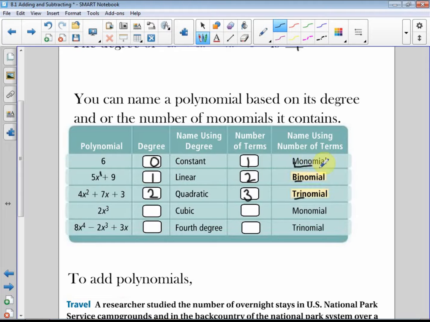I'm just emphasizing the mono, meaning 1, the binomial, meaning 2, trinomial, meaning 3 terms. Next, we have 2x cubed, degree of 3. It is a cubic due to the degree. It has 1 term, so it is a monomial. Do the last one on your own, please.